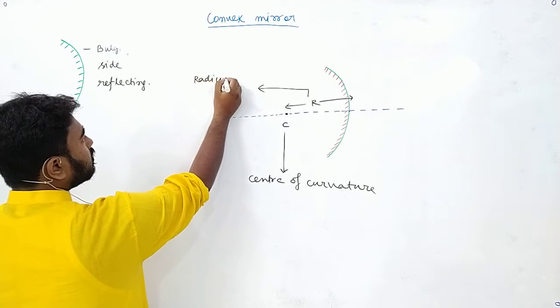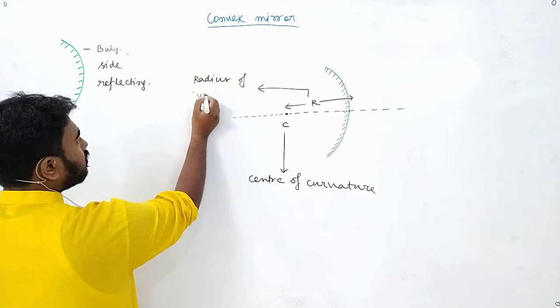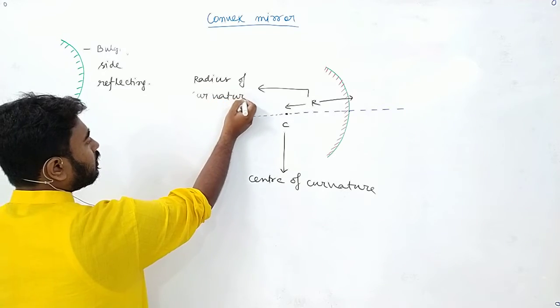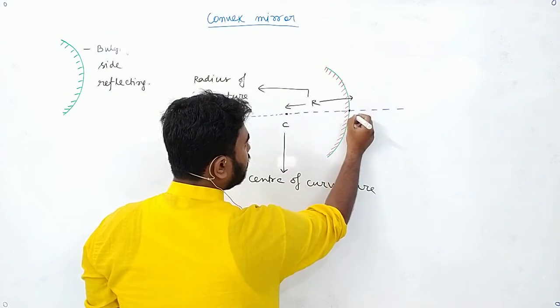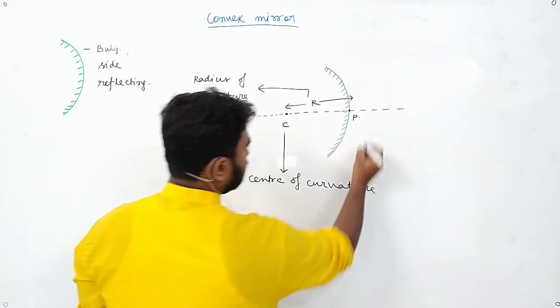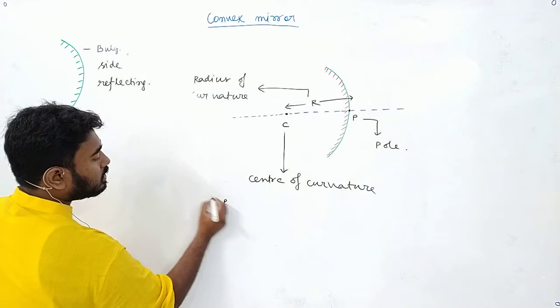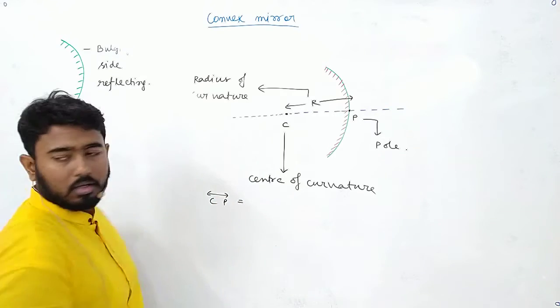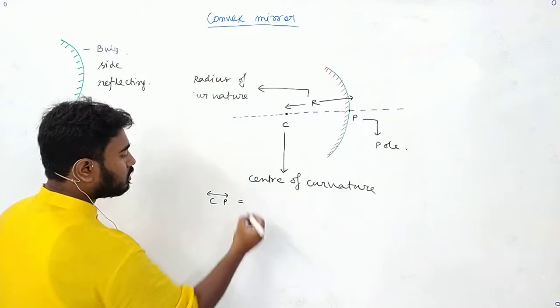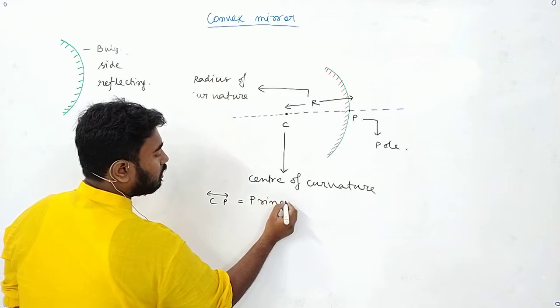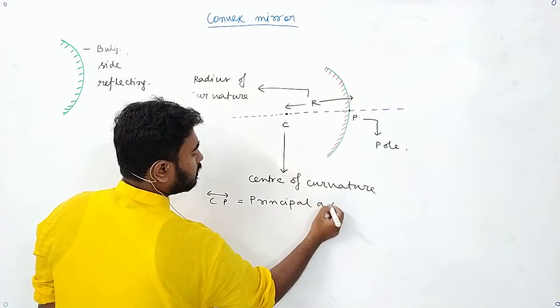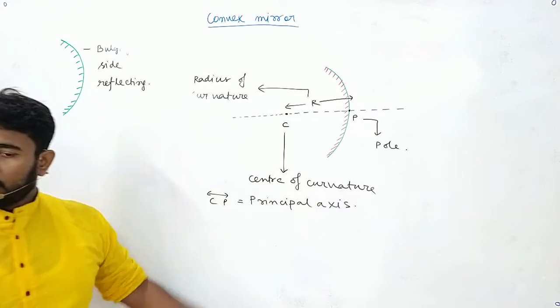Yes, R is the radius of curvature. What is this point P known as? Yes, P is known as pole. What is the line CP known as? Good, it is known as principal axis. Okay, we have done this much.